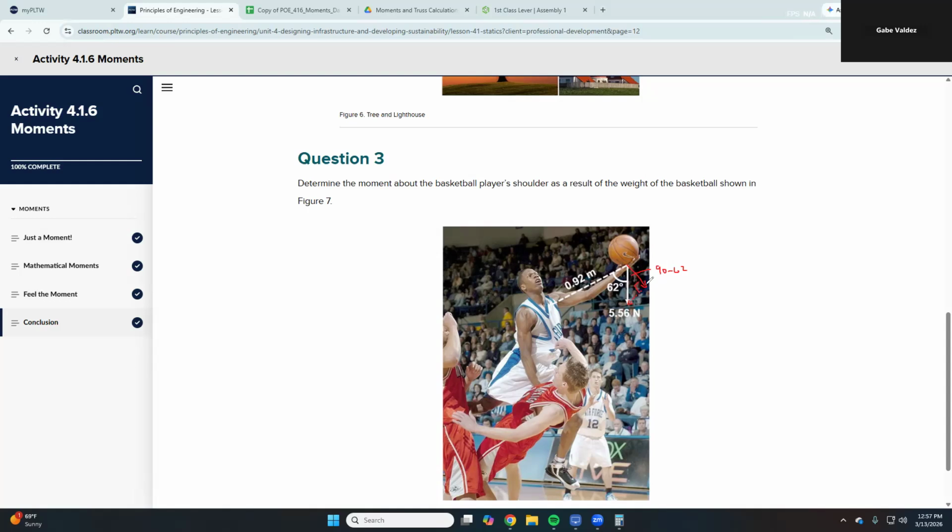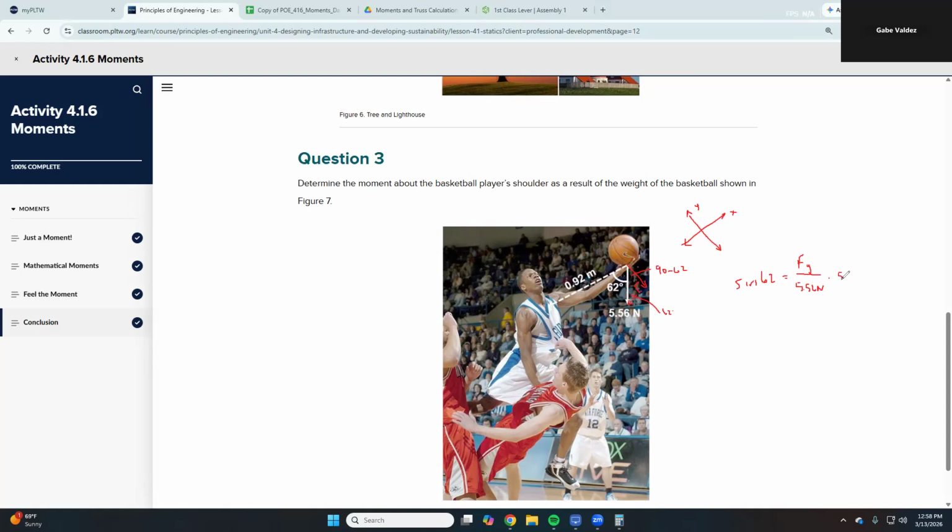So how do I get that component? Well, if I assume this is the y component, because I've got a coordinate system that's essentially rotated, where this is x and this is y, then let's use this angle here, which will be 62 degrees. Sine of 62 is equal to opposite, which is that y component, over hypotenuse, which is this 5.56 newtons.